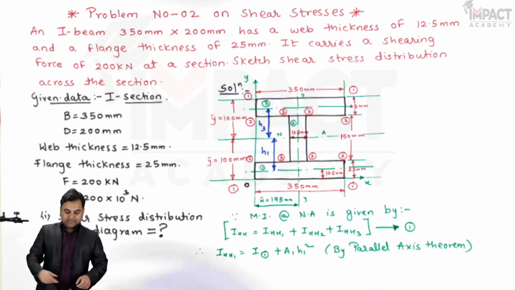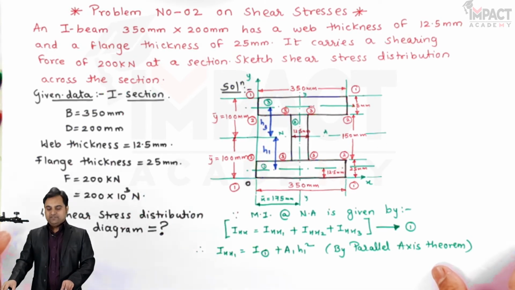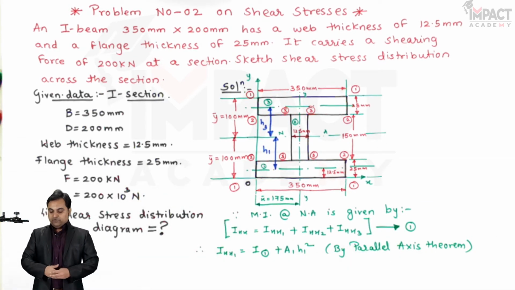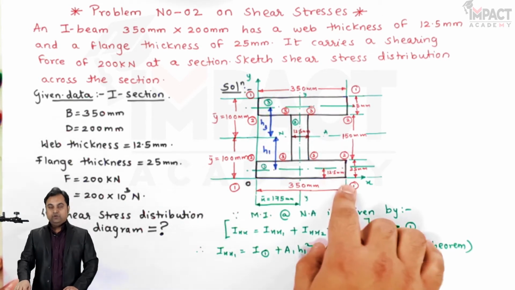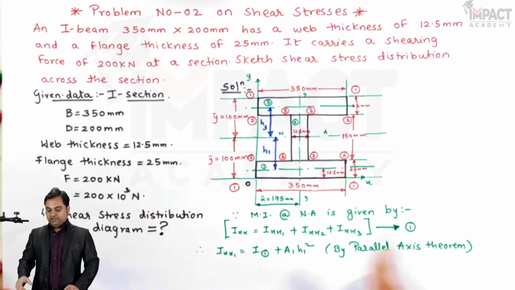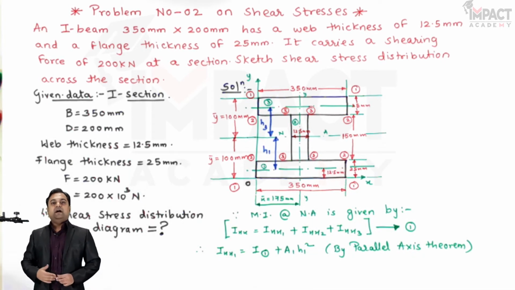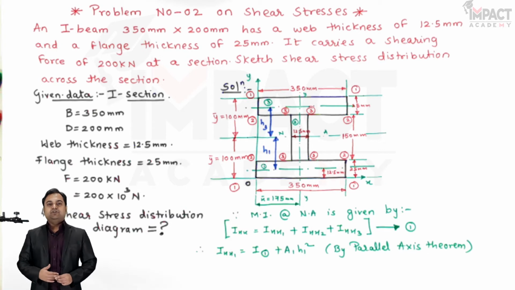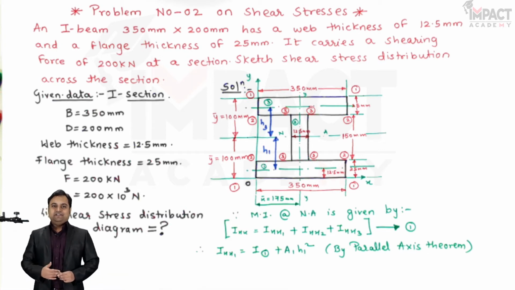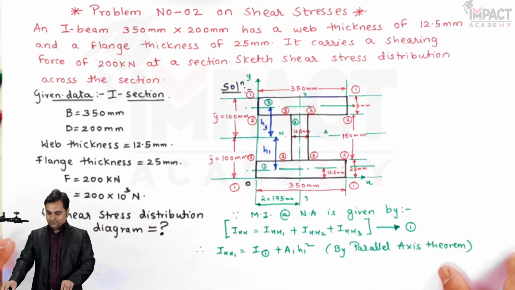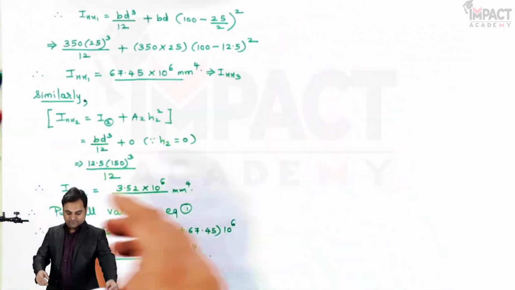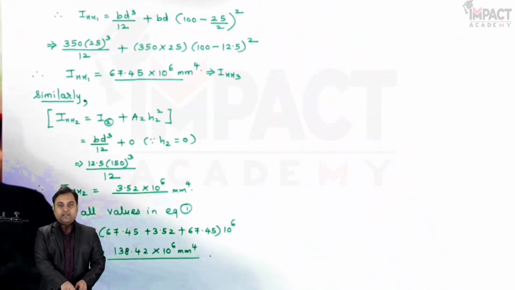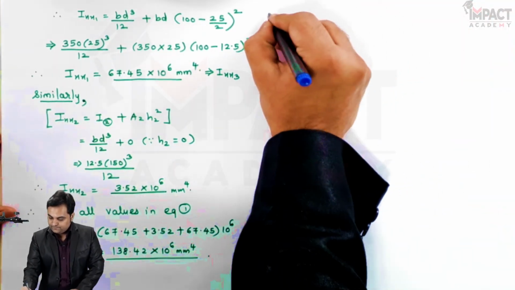Now I'll start the calculation of shear stresses, and remember, whenever you calculate shear stresses, the shear stress at the top and at the bottom for a rectangular section would be 0. For that you can refer to my video in which I explained the derivation of shear stress for a rectangular section. Now, after naming all these layers, I'll go for the calculation of shear stresses.